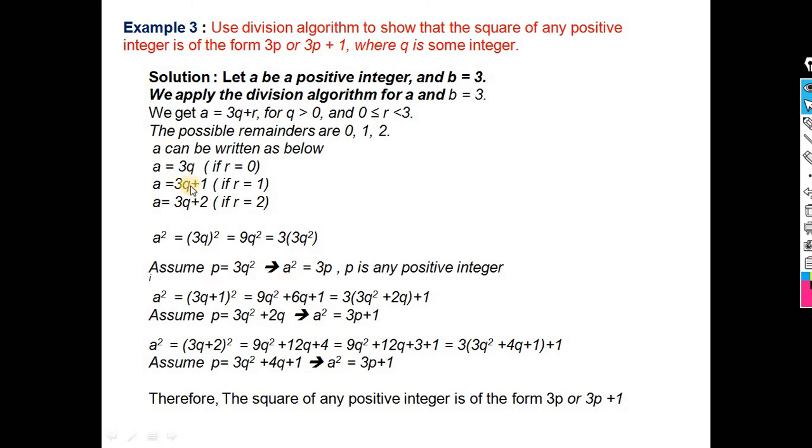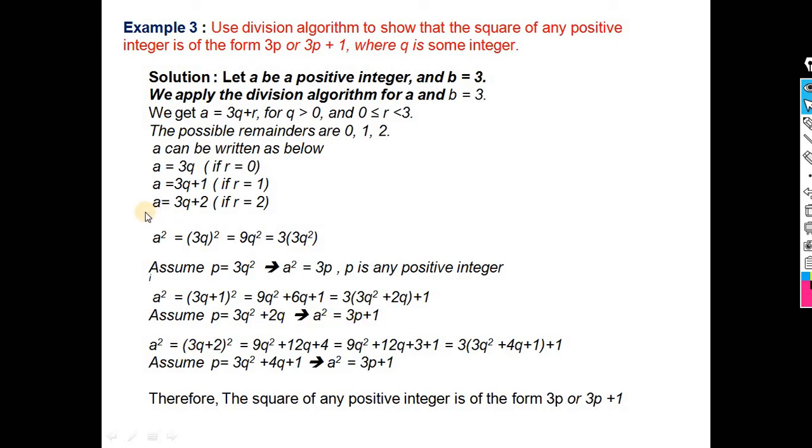Similarly, for the second case, a is 3q plus 1, so a square is 3q plus 1 whole square, which is 9q square plus 6q plus 1, using a plus b whole square equals a square plus 2ab plus b square. Taking 3 out, it is 3 into 3q square plus 2q, plus 1. Assume p as 3q square plus 2q, and a square is equal to 3p plus 1.